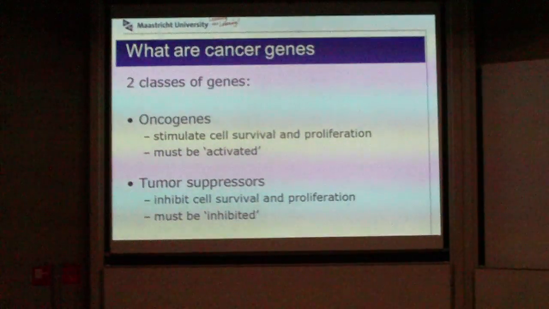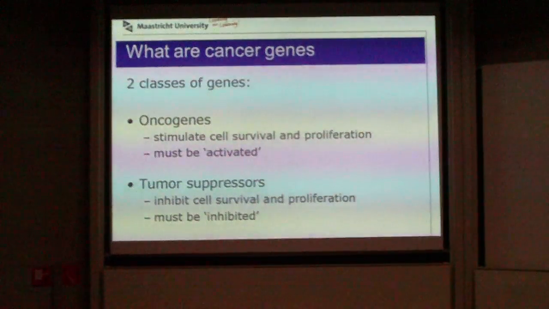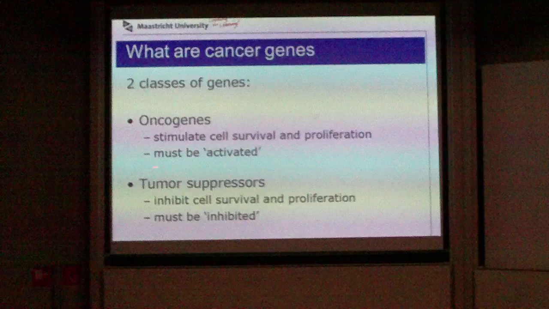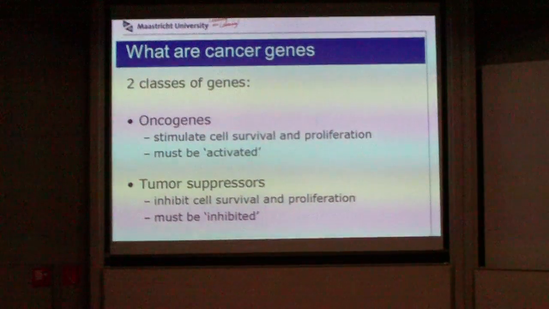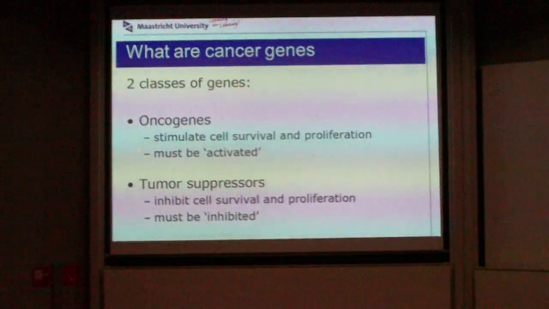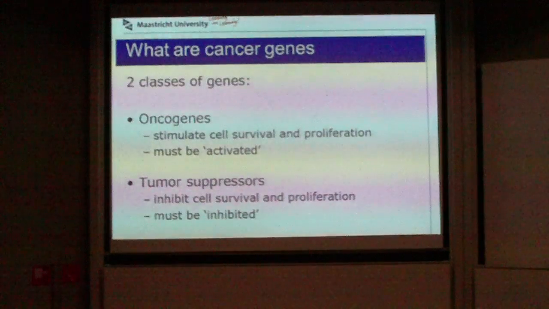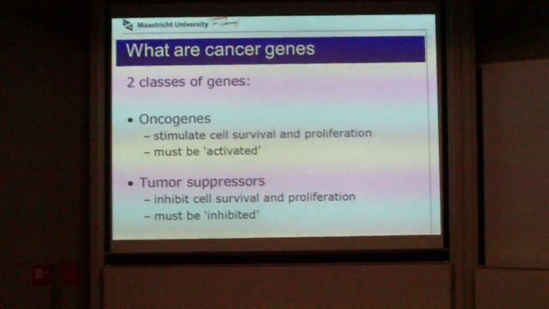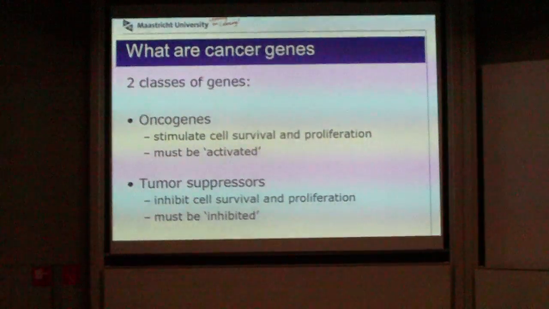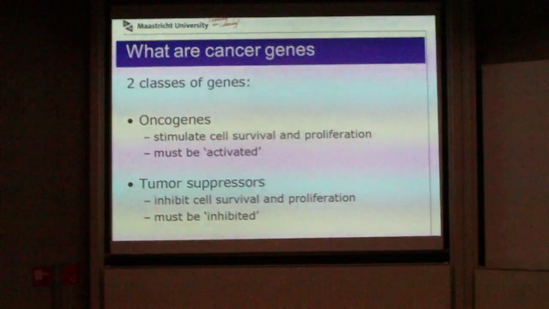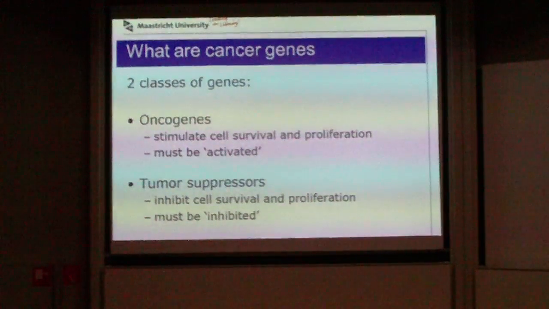Now, let's go further and look at what may be behind all of that. There are two classes of genes that we discriminate: oncogenes and tumor suppressor genes. Oncogenes stimulate cell survival and proliferation and have to be activated. These are actually quite normal genes that are involved in the regulation of cell division.